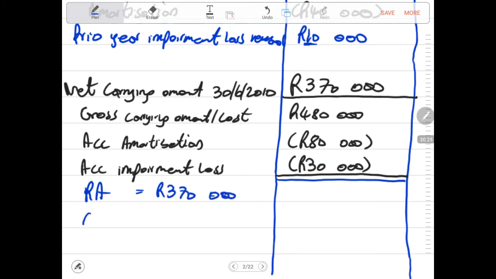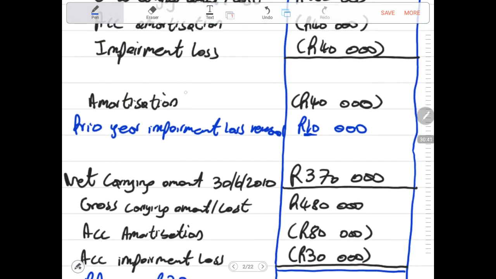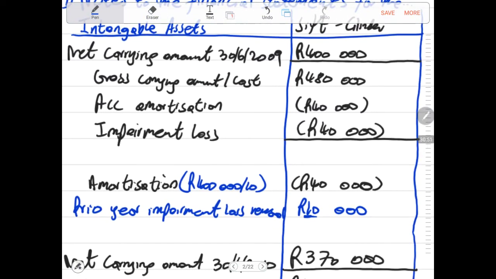Remember, we are busy with the current year where there is a change in estimate. And I said to you, when there is a change in estimate and we're calculating our amortization, we say 400,000 rands divided by 10, if you remember. And we said, now why? Because we must take the carrying amount at the date of the change in estimate to be the cost of the asset.